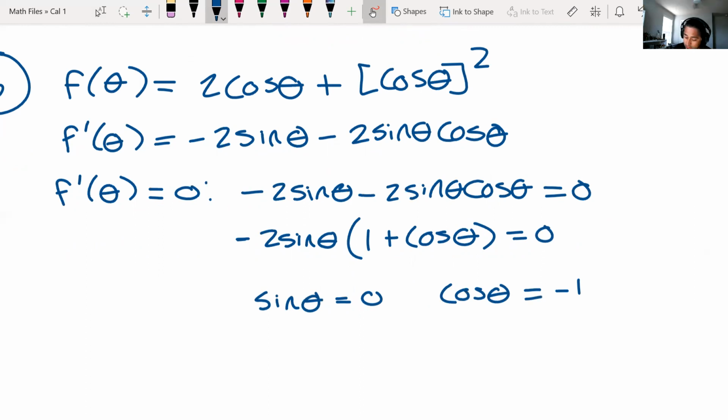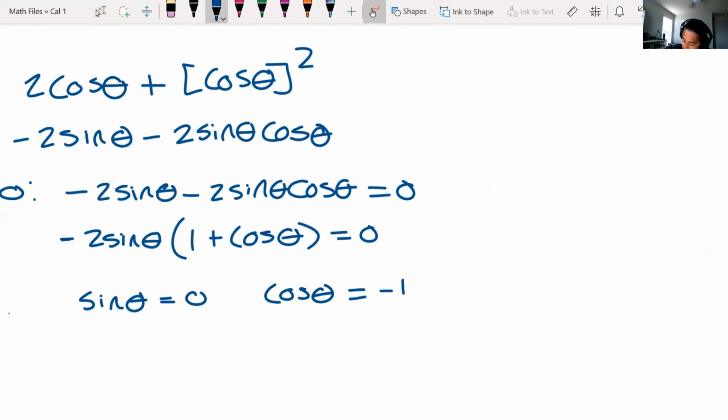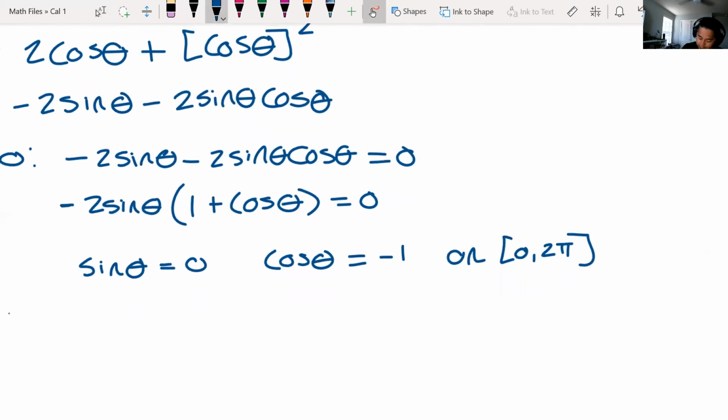Okay. And of course, this is still on that interval, 0 to 2 pi. So what radian values make sine 0 on that interval? 2 pi and pi. One more. And 0. There you go. And what values make cosine -1? Pi.